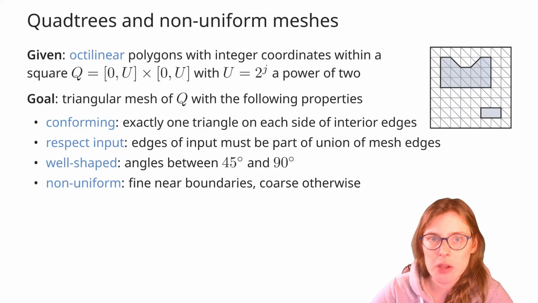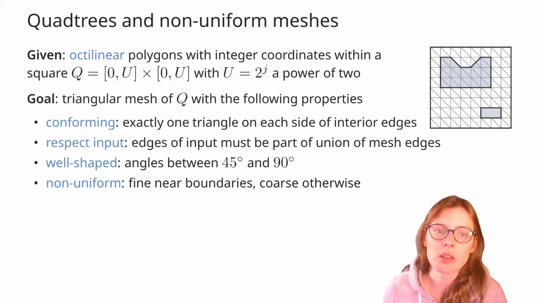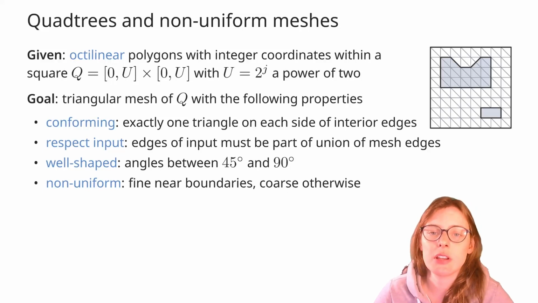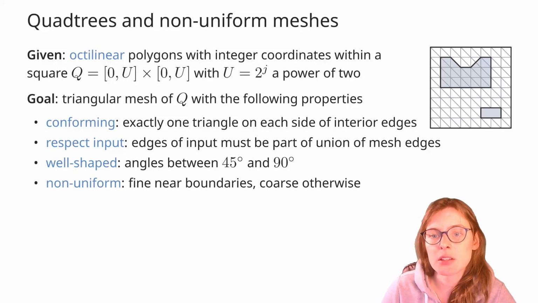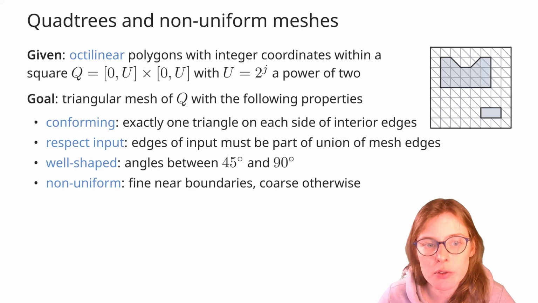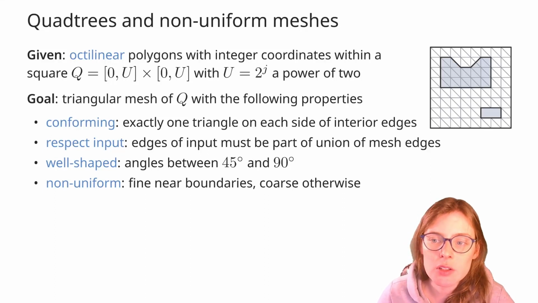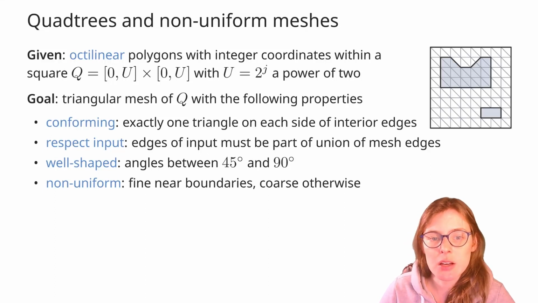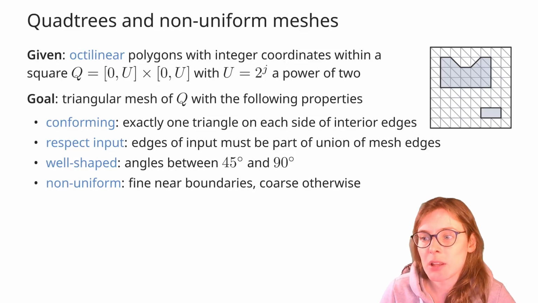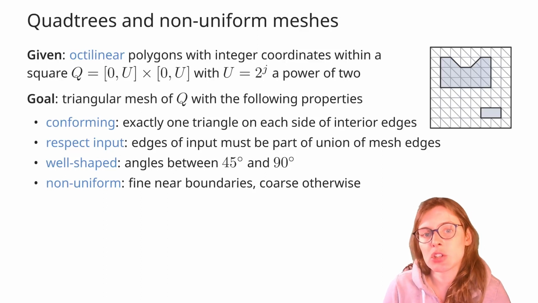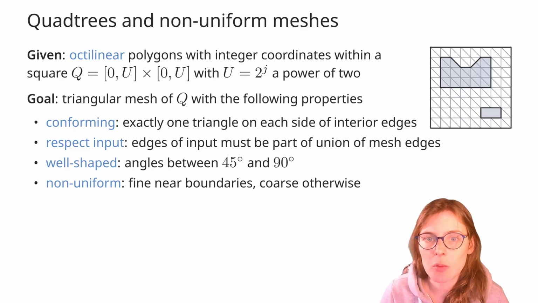Let's go back to the meshing problem. Recall that we are given a set of octilinear polygons with integer coordinates inside a square whose size is some power of 2. And our goal is to build a triangular mesh that is conforming, meaning that adjacent triangles share complete edges. The mesh respects the input.